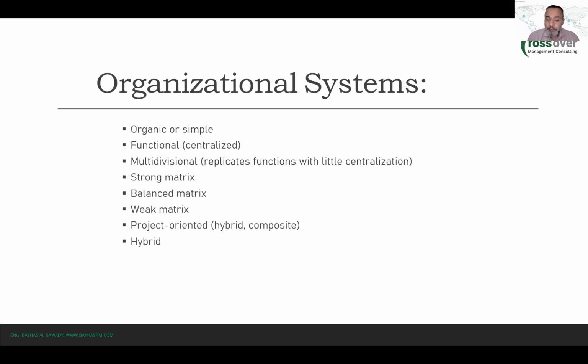First of all, the organic or simple structure. In the organic or simple structure, there is actually no structure. It's probably a startup company that consists of 4 or 5 or 10 people at maximum, and they work together. So basically, they switch roles, they switch hats. There is no dedicated project manager.